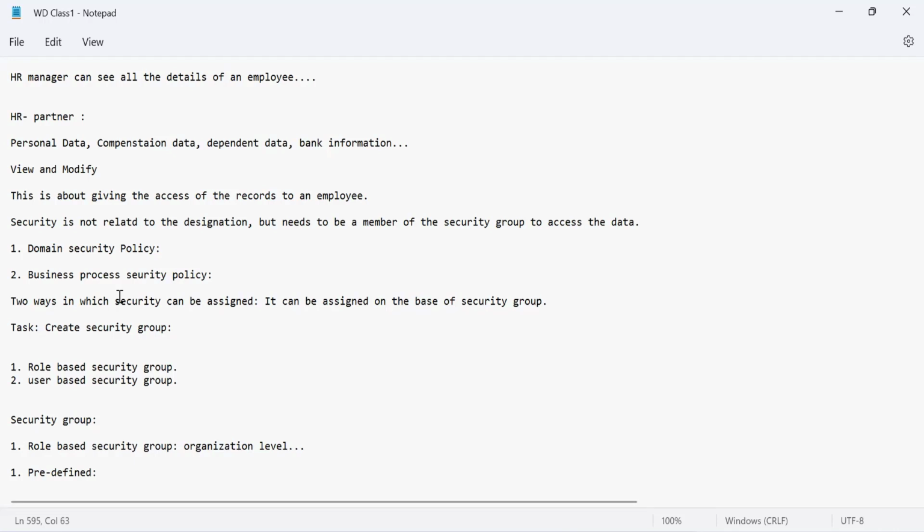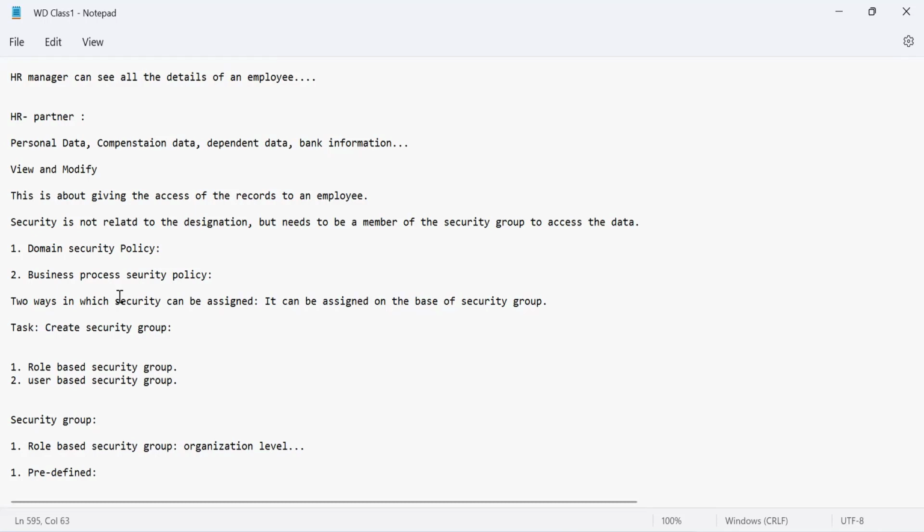Did you understand the concept? This is the most important concept of Workday security, and it is followed everywhere. You cannot forget it. Did everyone understand? First of all, understand that permissions are given on security groups.